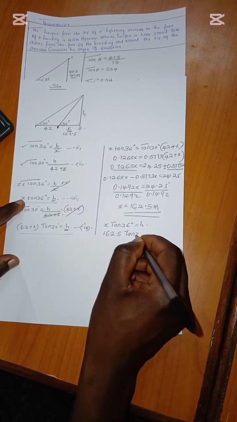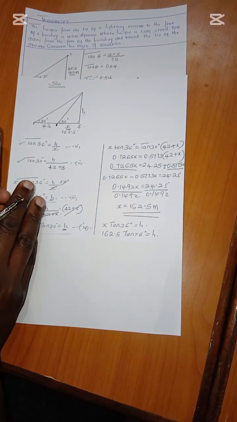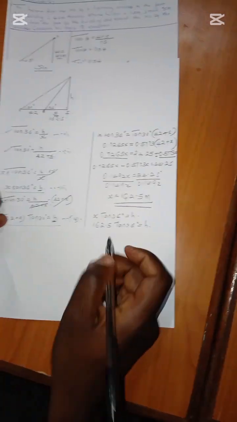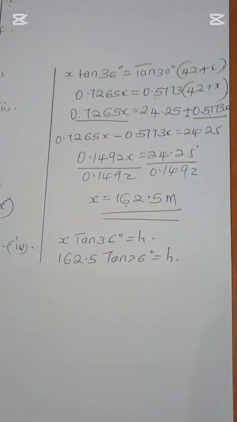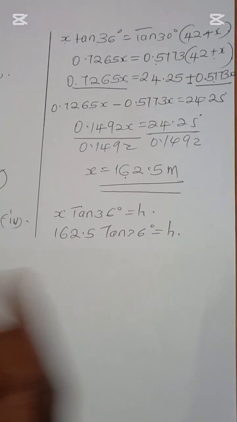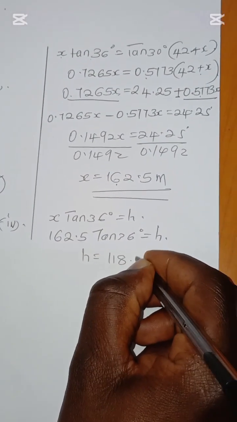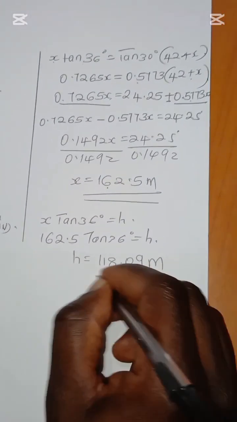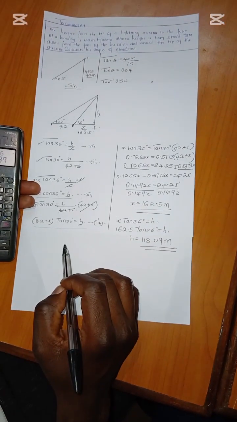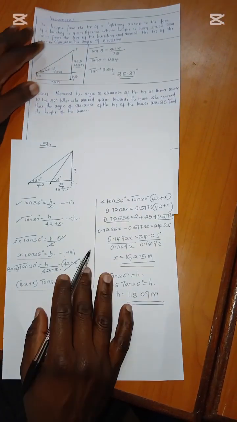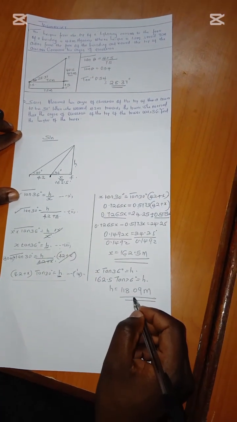So what we are going to have is this 162.5 multiplied by tan 36 degrees, which will give us the height as 118.09 meters. That is the height of this building. But the question was asking, find the height of the tower. This is the height of the tower.